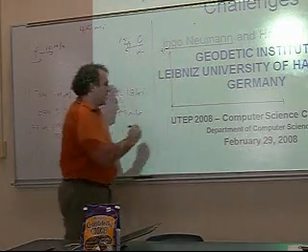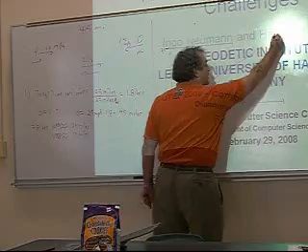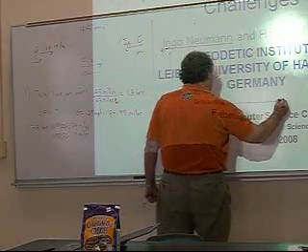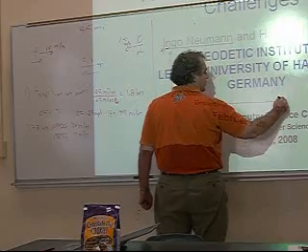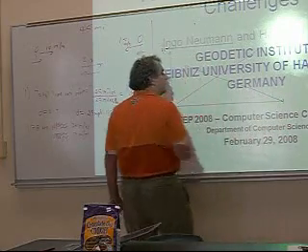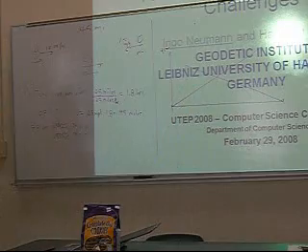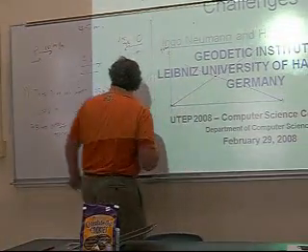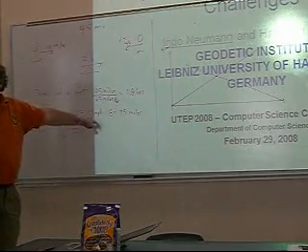One bicycle goes at 10 miles per hour, it will be this curve. The other bicycle starts from here and goes at 15 miles per hour, so it'll be like this with a different slope. You can calculate the point where they meet, which is this formula that he did here.